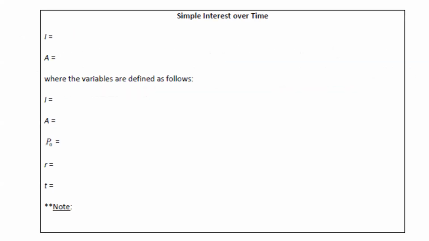So when we think about simple interest over time, we're going to start with these formulas. Now, I say these formulas, but really they are basically the same thing. When we talk about this formula here, that's our interest.